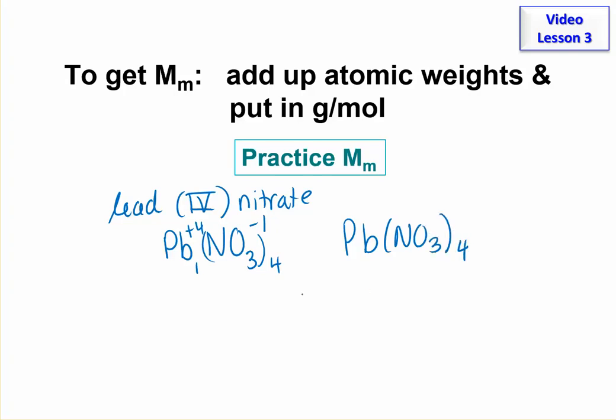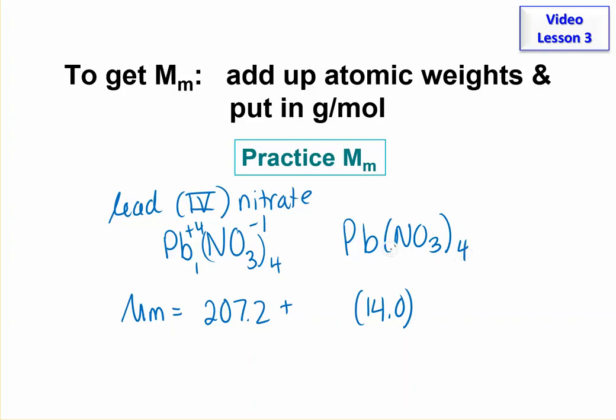Okay, now I'm ready to calculate a molar mass. If I look on my periodic table, the atomic weight of lead, plus nitrogen is 14, but how many nitrogen atoms are in this formula?